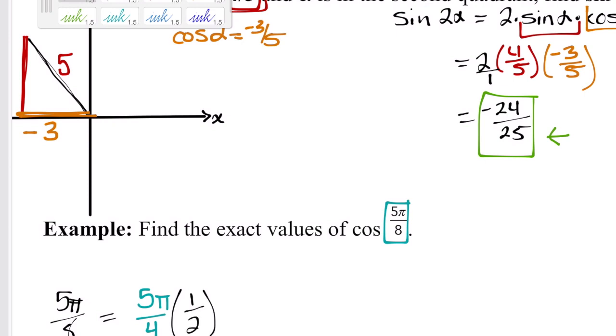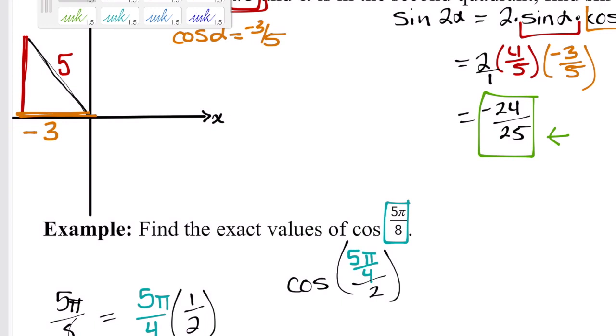So this means that I'm looking at the half angle identity for my cosine. So we're looking at cosine of our alpha, or theta, in this case, we were using theta before, would be 5 pi over 4. And then this would be divided by 2 in order to get that 5 pi over 8. So this will end up being the same thing.